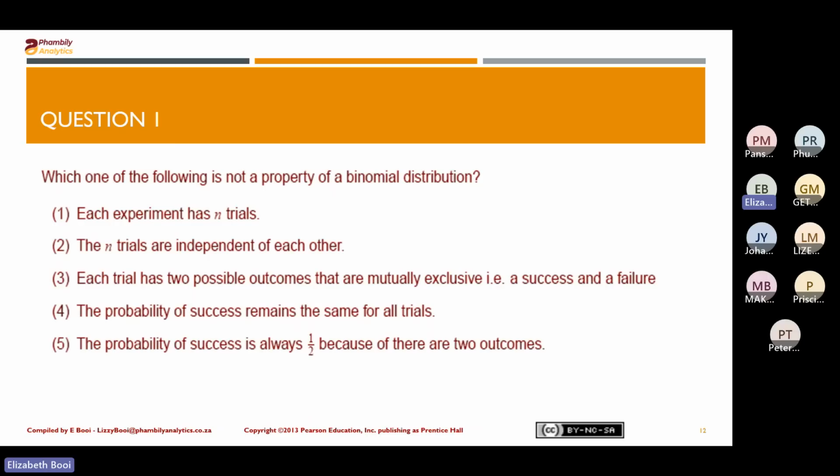So it's not always going to be 0.5, but because there are two outcomes, it can always be a success or a failure. Now let's see if you can make sense of this.